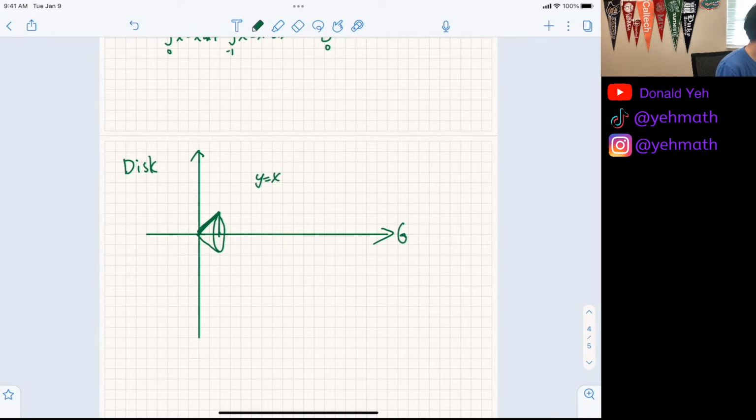If you think you're an advanced math student, I want you to prove to me why the volume of a sphere is 4/3 pi r cubed. It's actually something you guys can do. It's very doable for a lot of you.